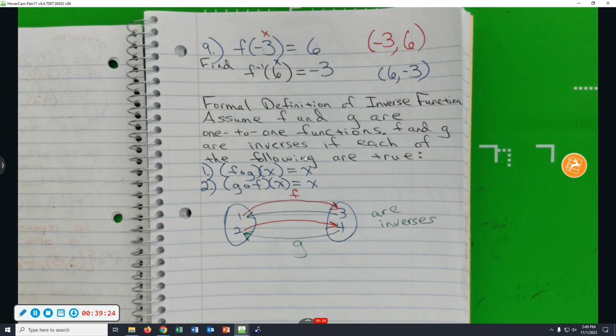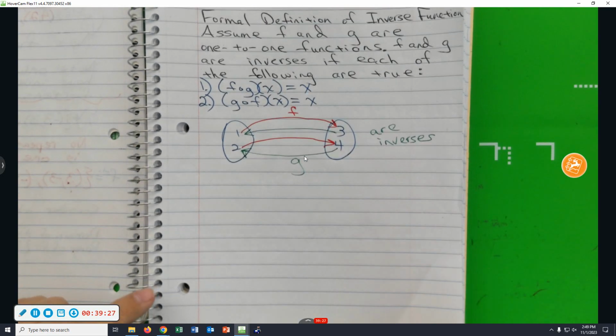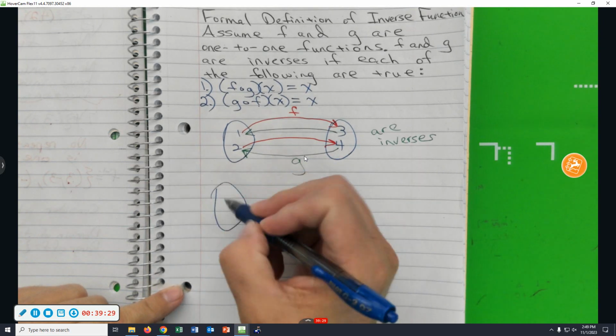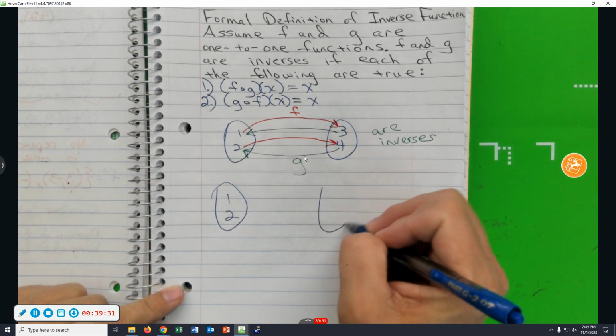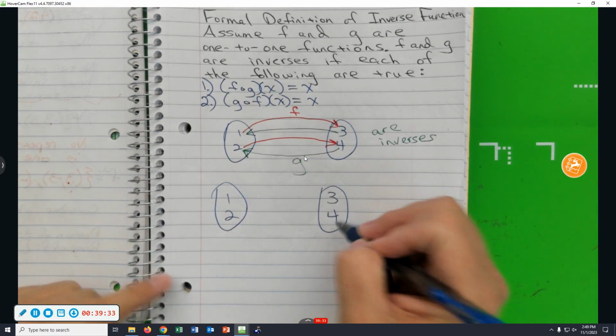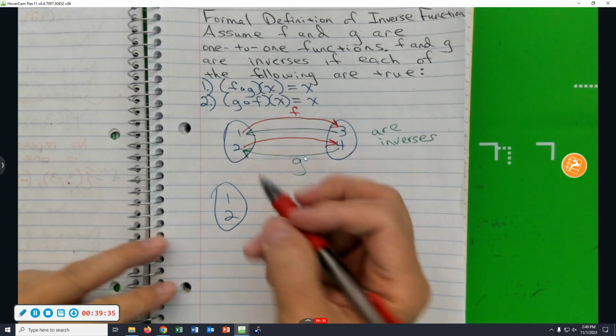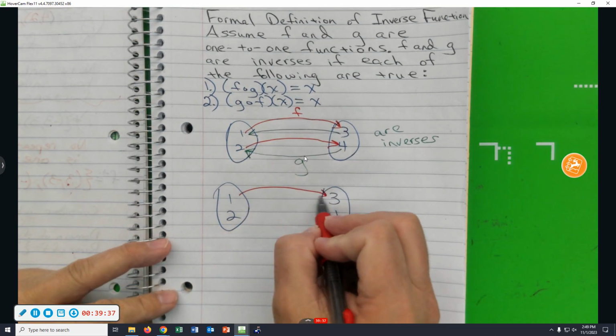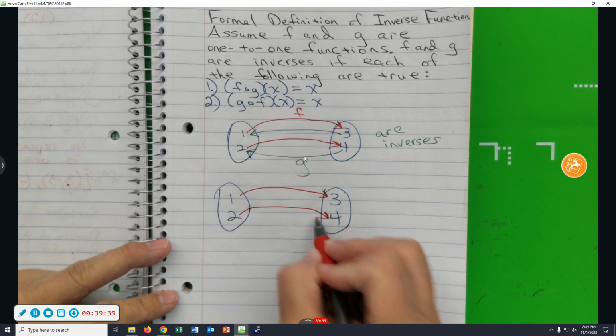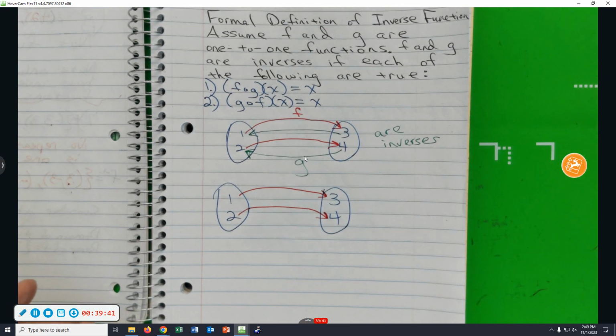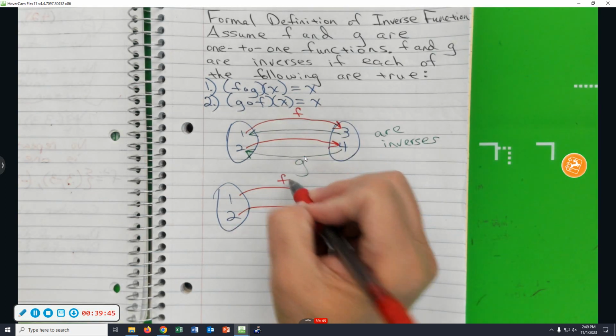Suppose I make up another pair. 1, 2, 3, 4. Let's suppose that f takes 1 to 3 and 2 to 4. So the red function is f.